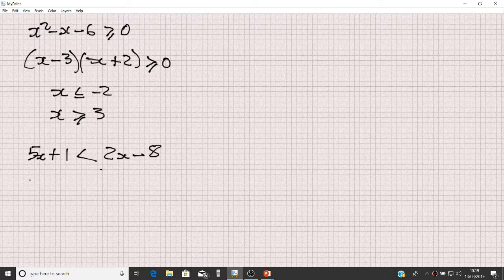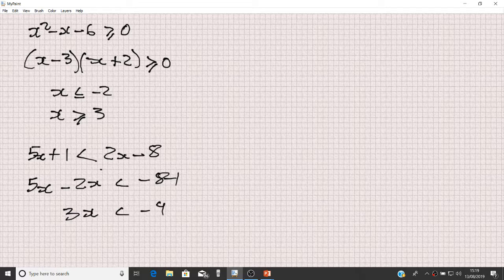Bring the x terms to the left: 5x minus 2x is less than -8 minus 1. So we have 3x on the left is less than -9, and x is less than -9 over 3, which is -3.